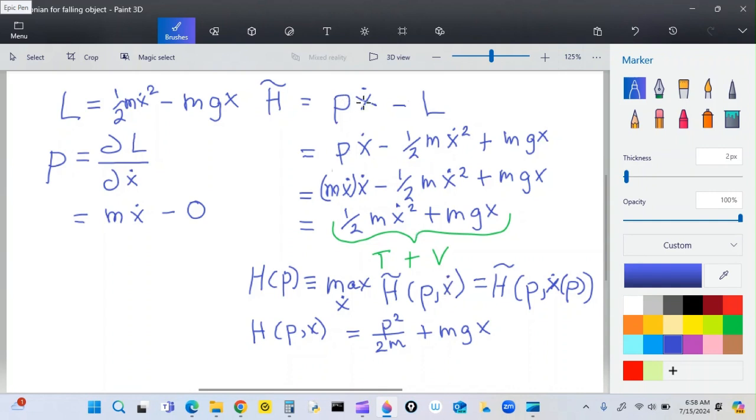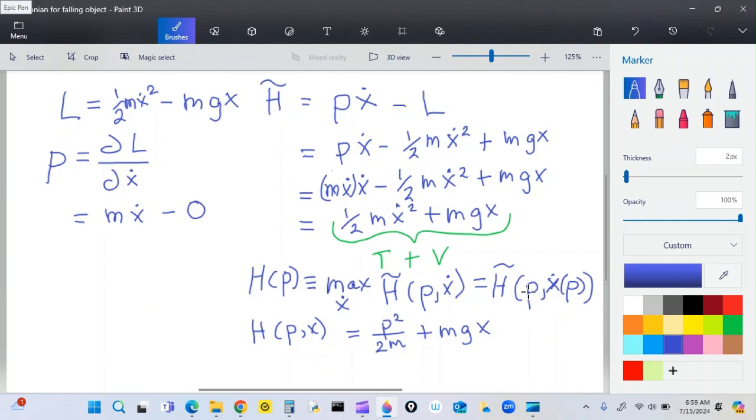Notice we can hold the momentum constant and come up with a maximum velocity for these two things.